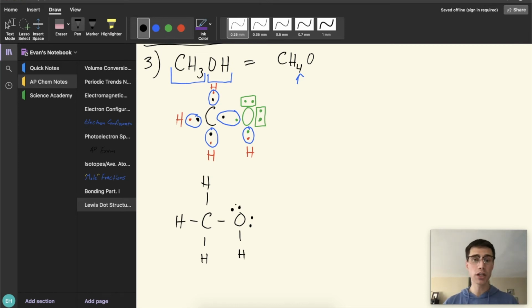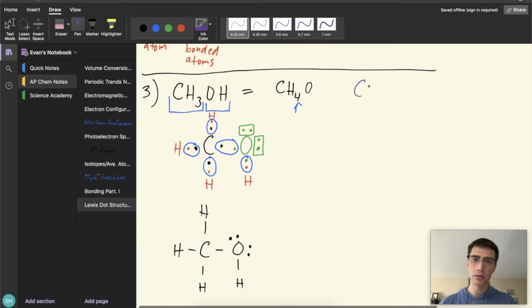So let's make sure that we've accounted for the 3 major things in this molecule. Okay, so carbon has 4 valence electrons. There's 1 carbon in this molecule, so we expect 4 valence electrons to come from our carbon atoms. Hydrogen has 1 valence electron.